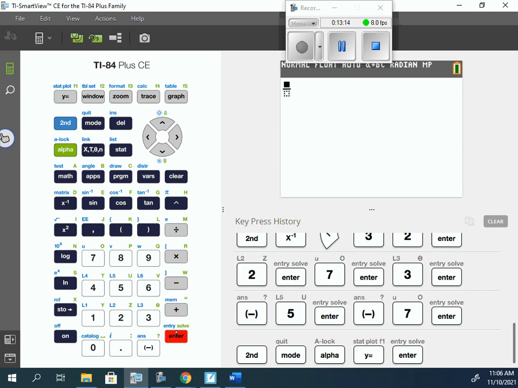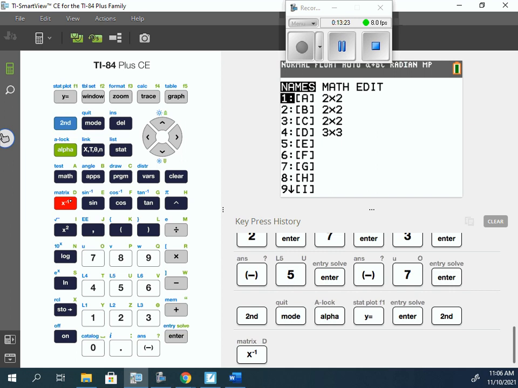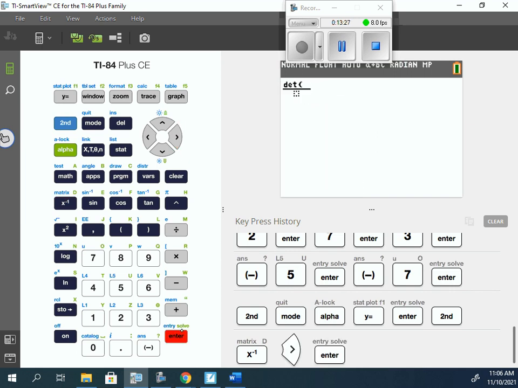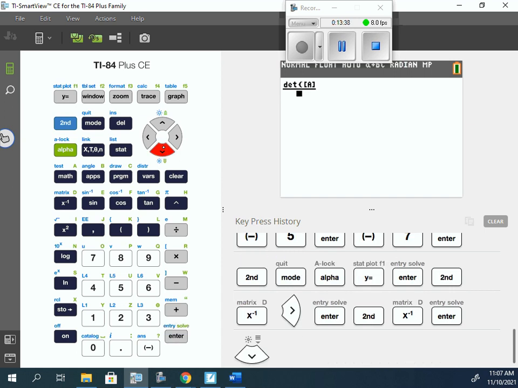So for x, we want the determinant of which matrix on top? A. So we can go second matrix over to math and hit enter for the determinant. Now we need to recall matrix A, which is second matrix, and we can just hit enter for A. Over, well, we want the determinant again.